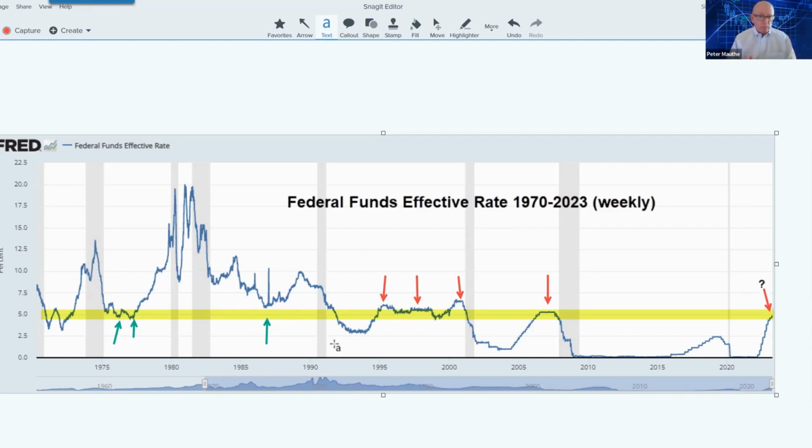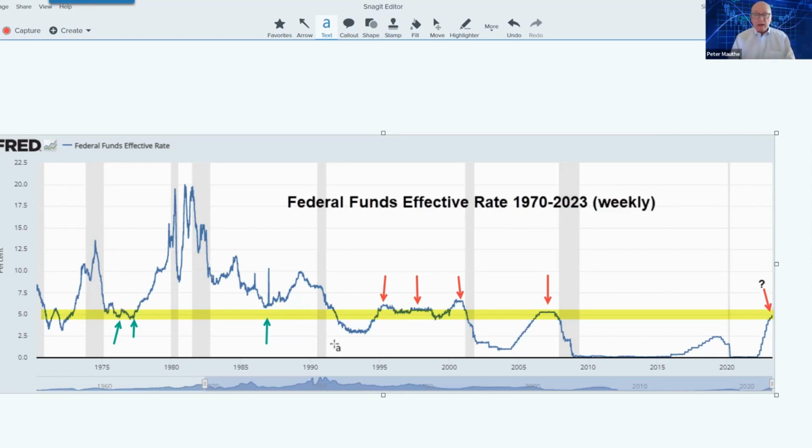Now, this is really important because it takes a lot of economic forces, inflation among them, to get interest rates to go above 5%. Once they get there, those economic forces tend to keep interest rates high for a prolonged period of time.